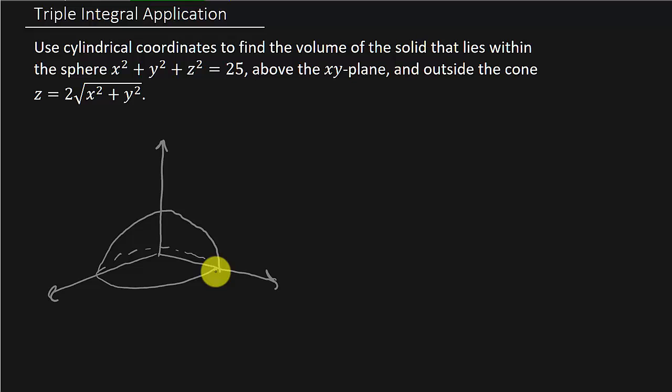And it's going to be the upper half of the sphere, because it says that lies within the sphere but above the xy plane, so we're not going to have the whole thing. We got the hemisphere up here. And then we got the cone.